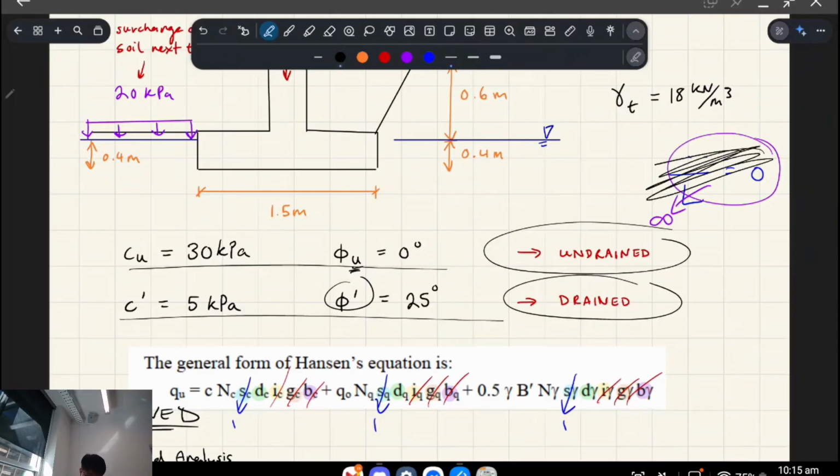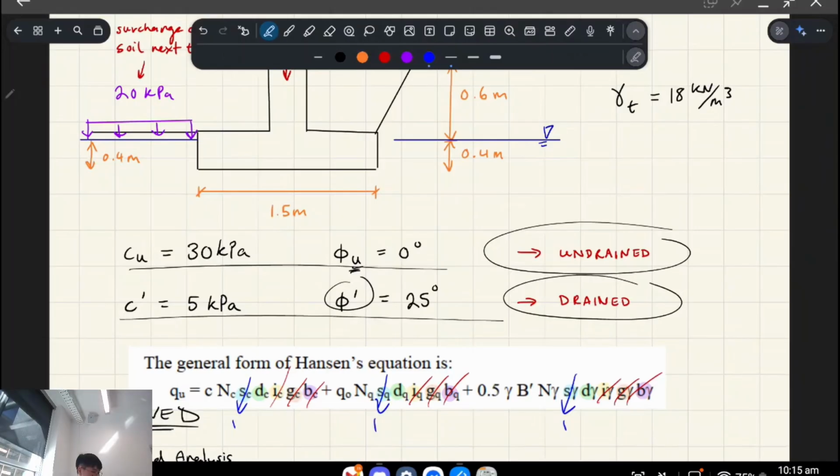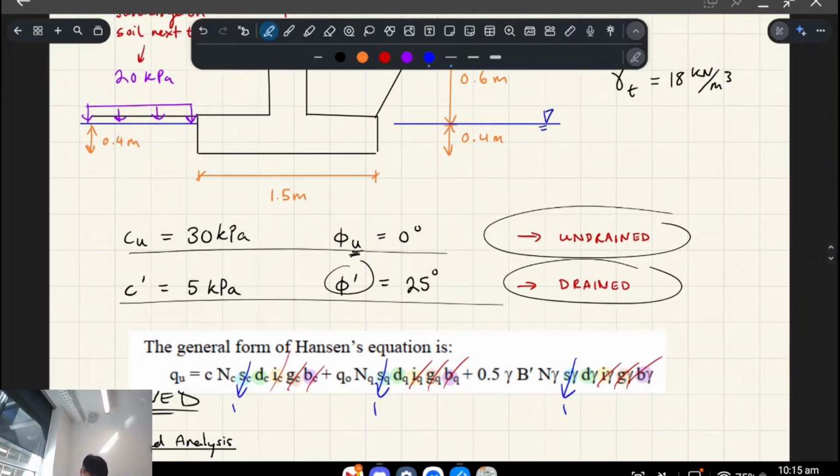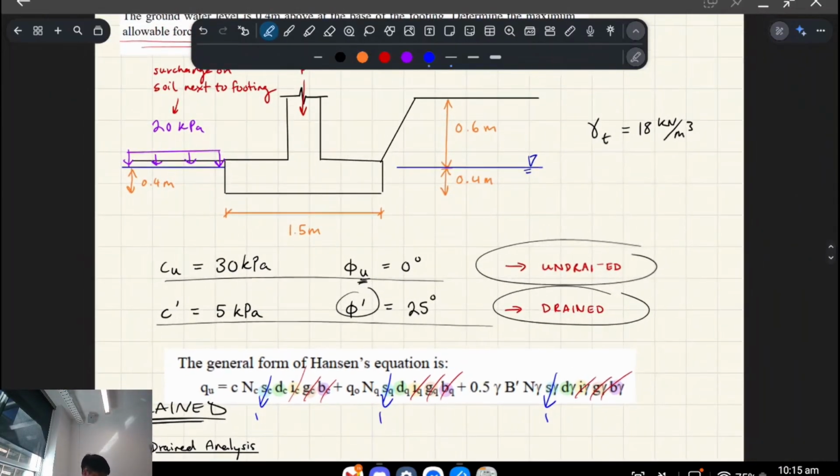But basically, with the formulas for the S factors, you can cancel them all out to be 1 for strip footings. All right, the next thing is you have to consider the rest of them.